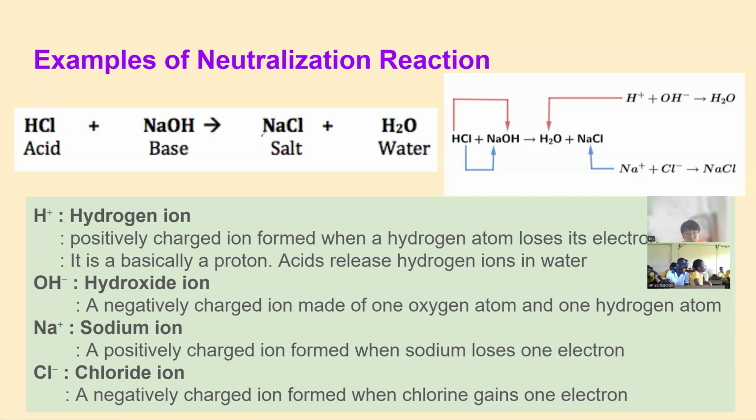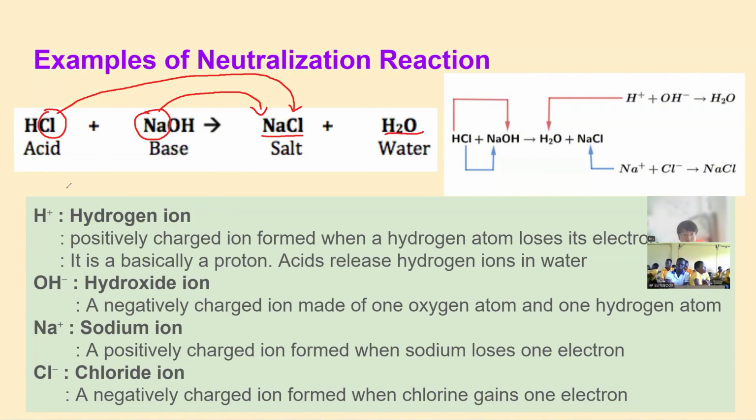It forms NaCl. Where does that come from? Well, it comes from the base, Na. I'm going to draw an arrow, Na. And Cl comes from this acid, hydrochloric acid. That's how it forms salt.